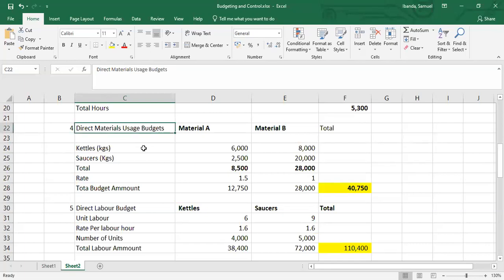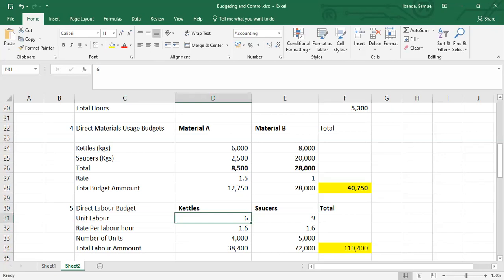The direct material usage budget looks at basically what kind of materials you're going to use within what you plan to produce.